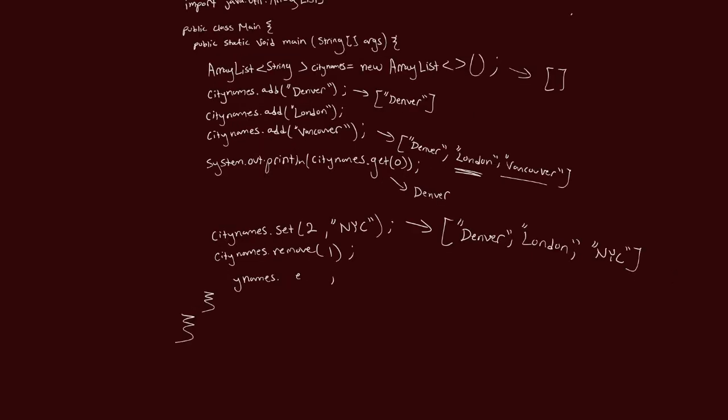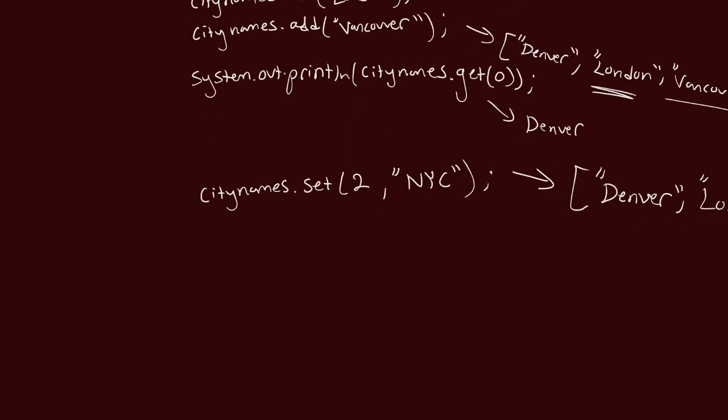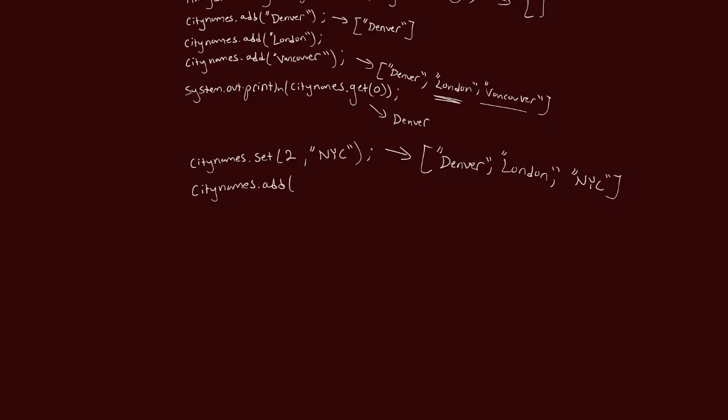Also, what else you can do is, let me get rid of these two. If we call cityNames and you do add, you can add something to a certain index. So let's say at index 1, I want to include Manchester.